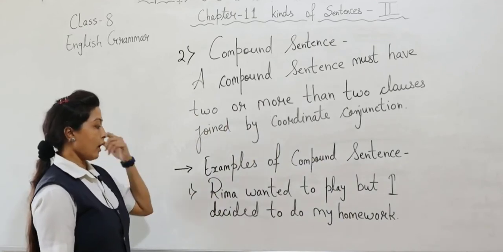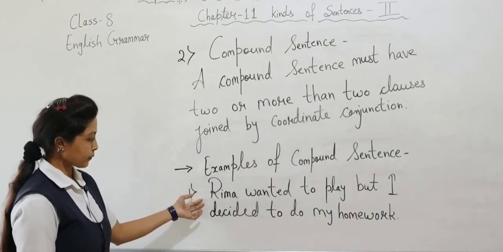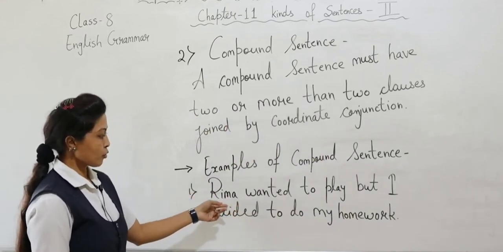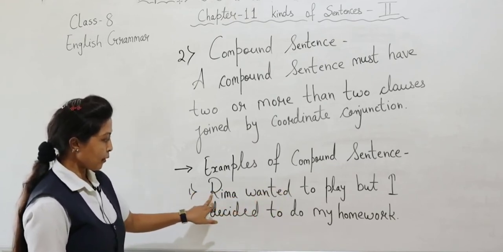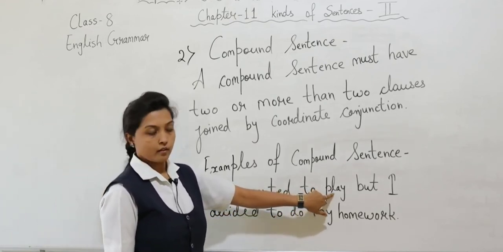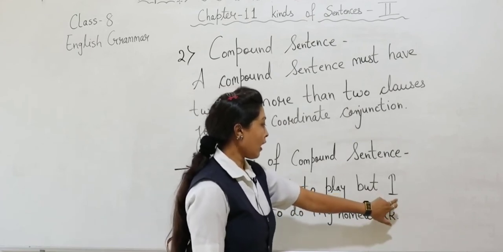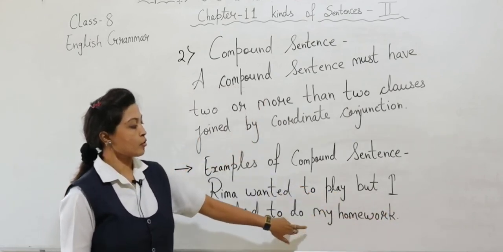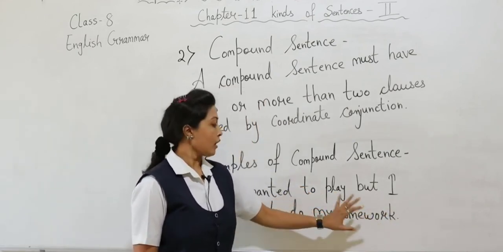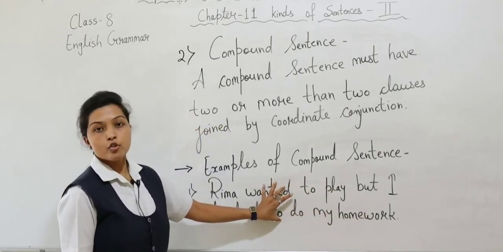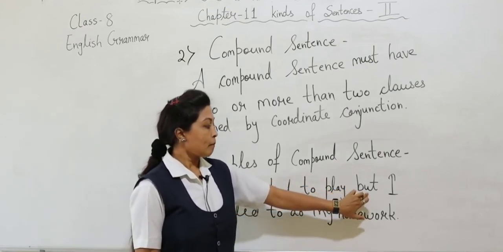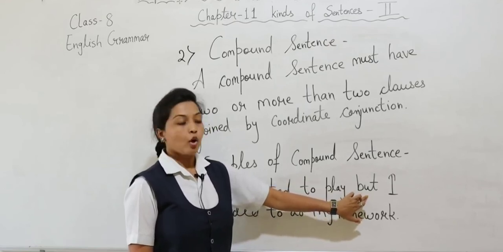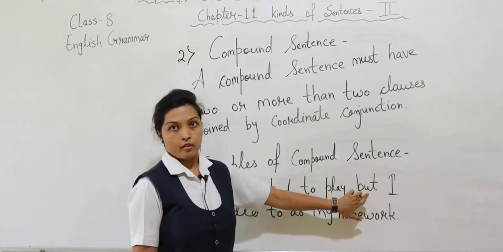So now in this sentence you can see two different parts. Rima wanted to play, and then after I decided to do my homework. Now these two parts are joined by but, which is a coordinate conjunction.